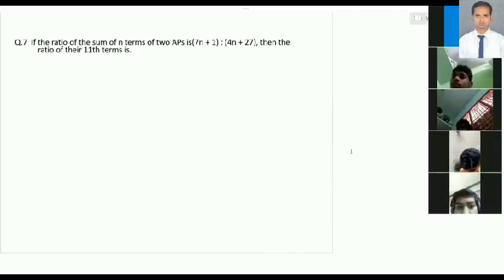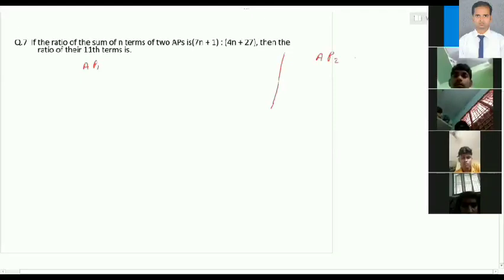See here, all of you. They have given 2 APs and they are saying the sum of n terms of 2 APs. Let's say I will take AP1 and here I will take AP2.